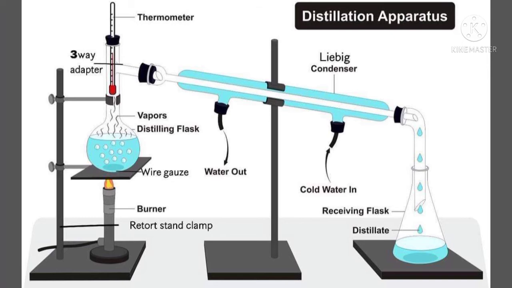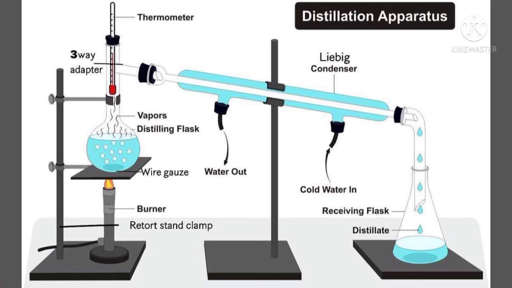When water is allowed to flow into the condenser, it surrounds the inner tube and creates a cooling effect. That way, when the vapors from the boiling liquid hit the cool area of the Liebig condenser, they condense back to liquid form, which is how the condenser actually works.